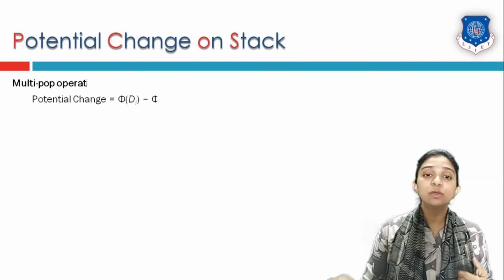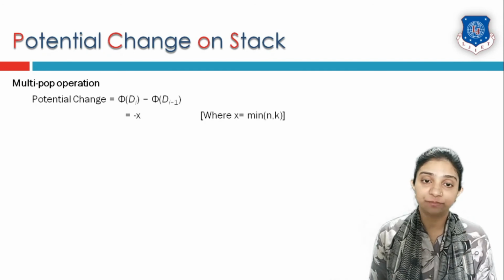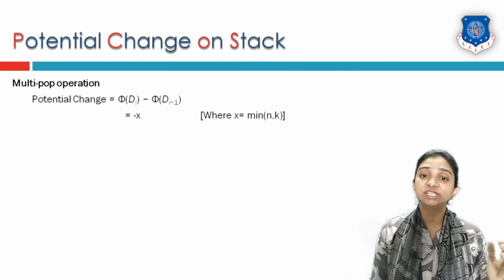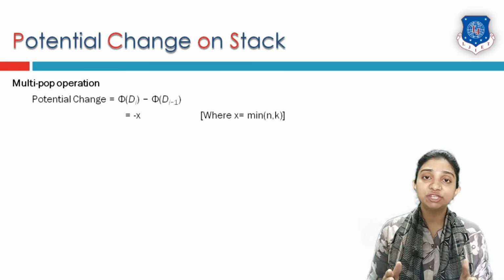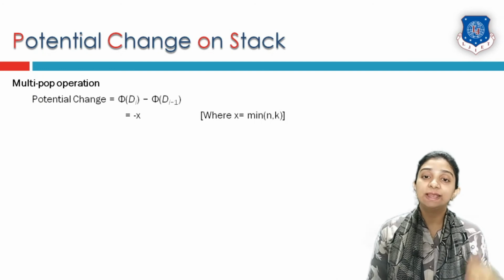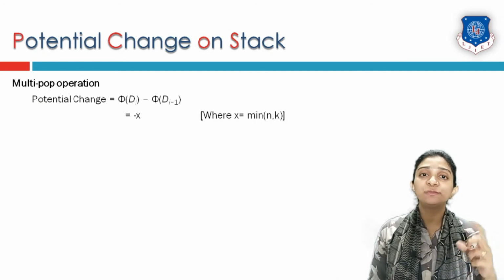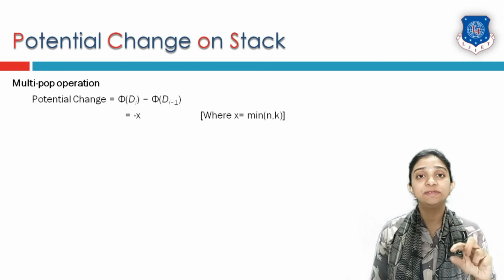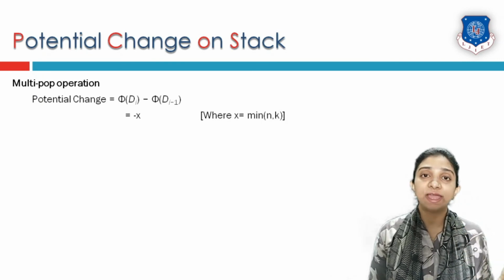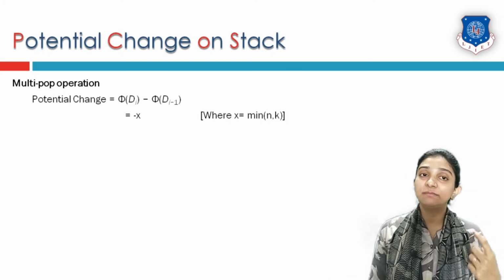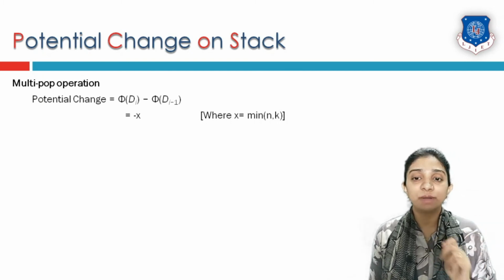Now let us see what the multi-pop operation is. For the multi-pop operation also, the potential change is the current potential minus the previous stage potential. Let us say multi-pop is performed for a k value which is either very small or very large compared to the actual size n. So here x is nothing but the minimum of n comma k.